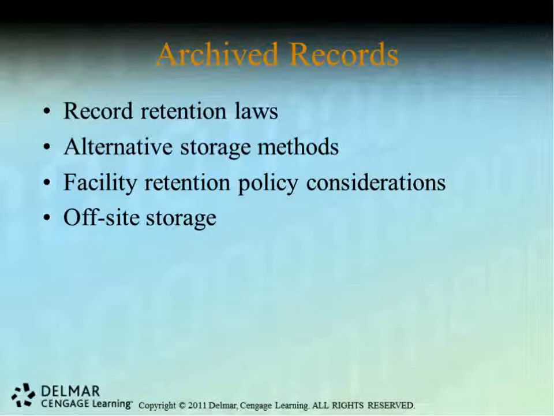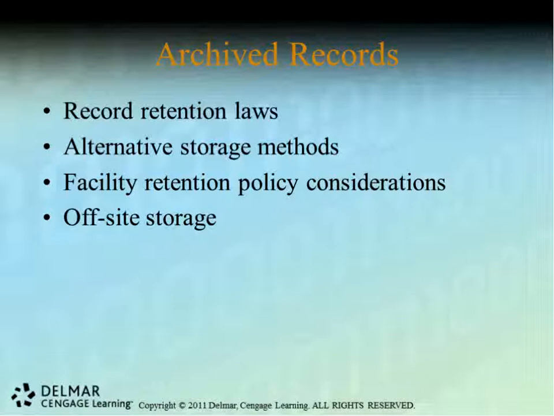Now, in terms of your record retention laws, of course, an organization has to keep those records in compliance with whatever your state and federal laws are in terms of record retention. And then if you are an accredited facility, you also have to make sure you are in compliance with whatever their standards are.